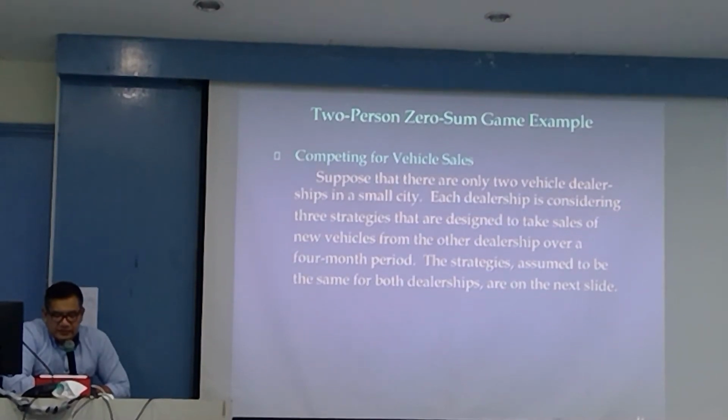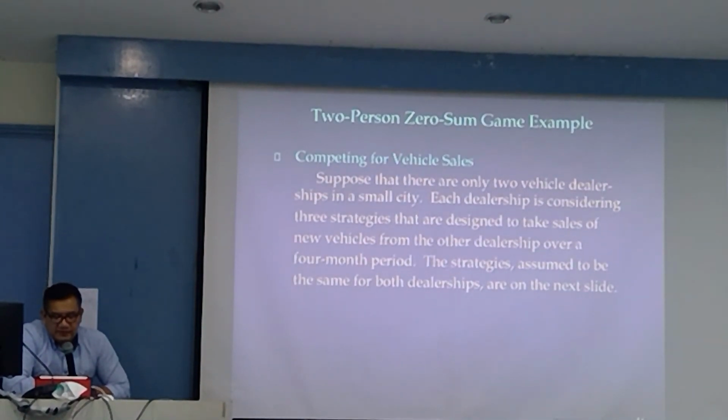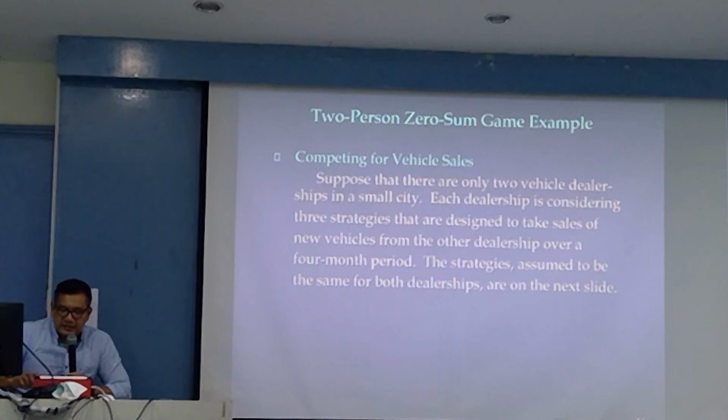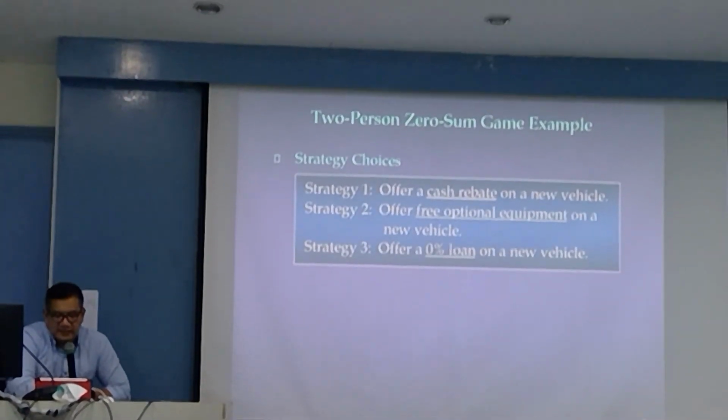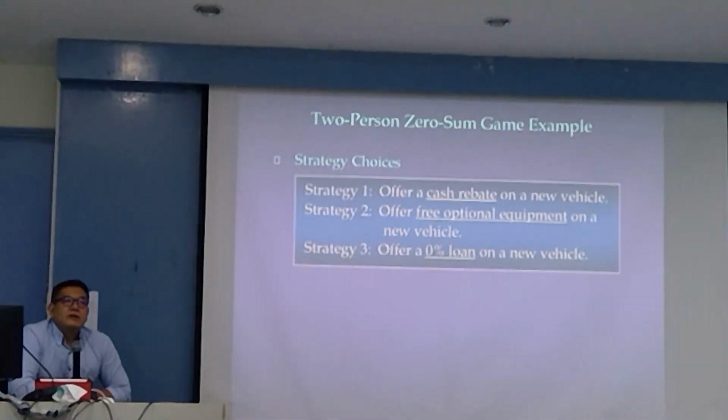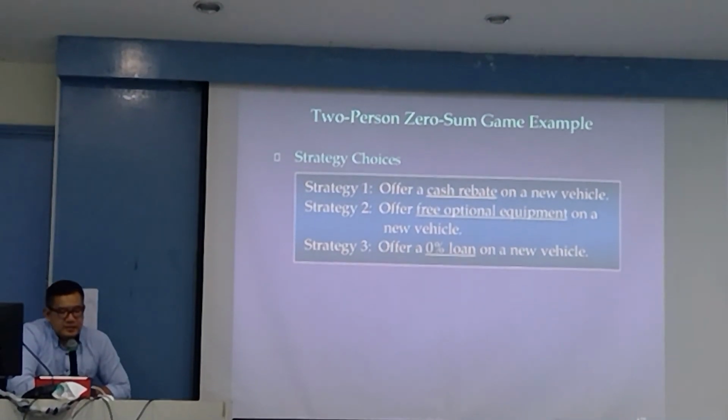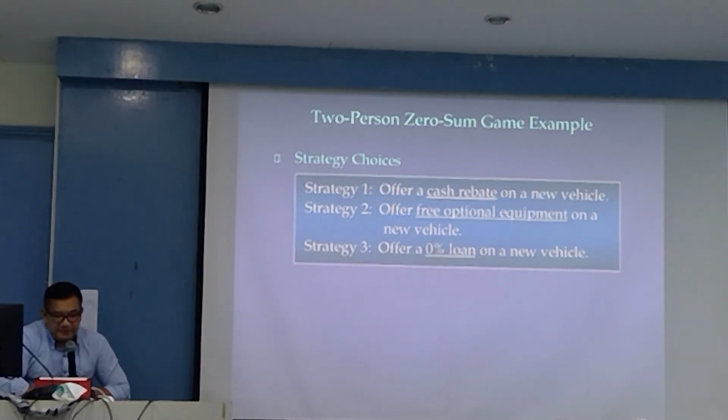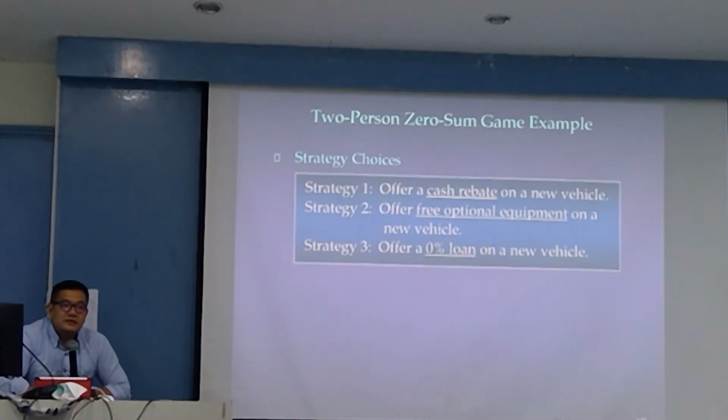The strategies are the same for both dealerships, as shown in the next slide. These two dealers have three strategies. The first strategy is the cash rebate. The second one is to provide free optional equipment for the new vehicle. And the third strategy is to offer a 0% loan.